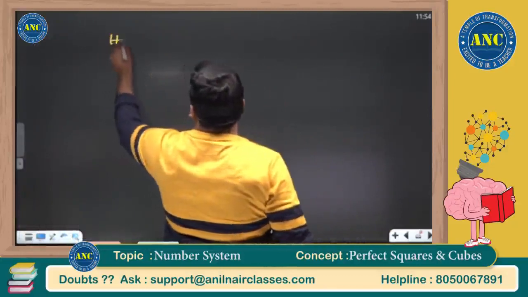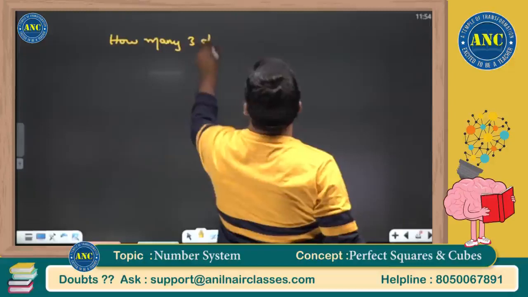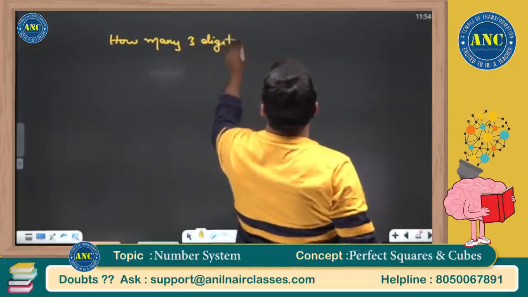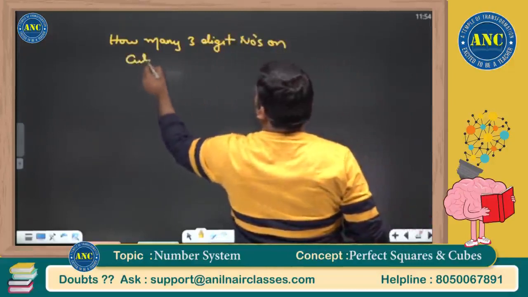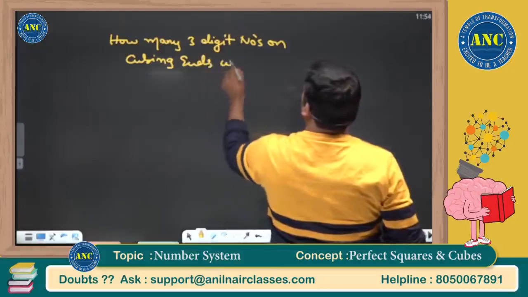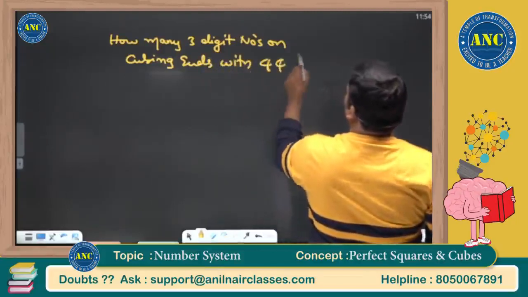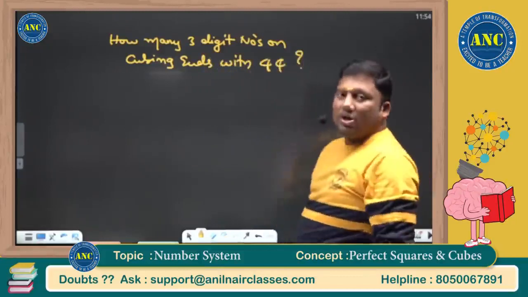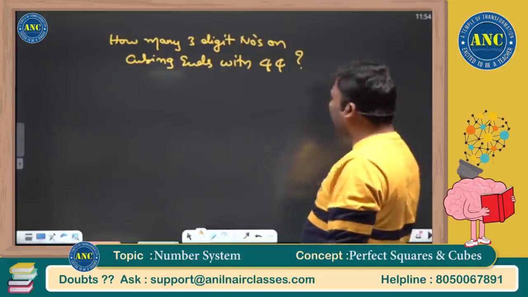One more question, then we will do. How many three-digit numbers on cubing end with 44? One more problem we will solve so that the concept will be very easy for you.